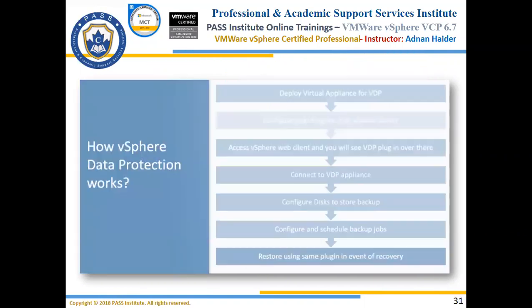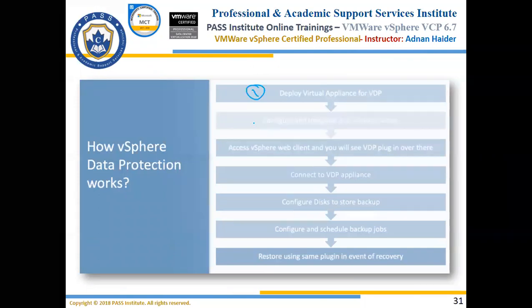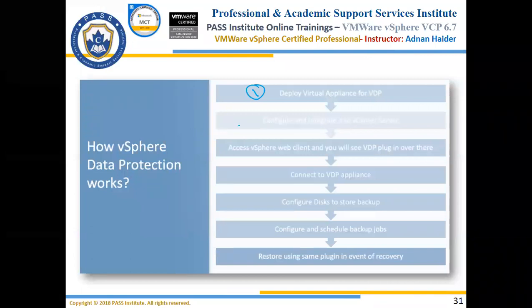So guys, in order to have VDP, first of all, we need to deploy VDP, number one. Number two, we need to integrate this with the vCenter. Number three, access VDP through the VDP plugin. From the vSphere client in VCSA, we'll connect to the VDP.